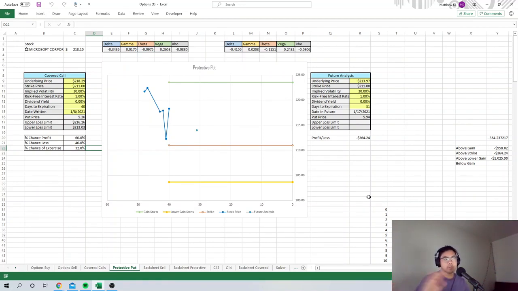Because once people exercise, usually you're losing money, because they're looking at the market and they can buy and sell at a lower rate because of this contract. It's not an arbitrage, but that's what options are in a nutshell.